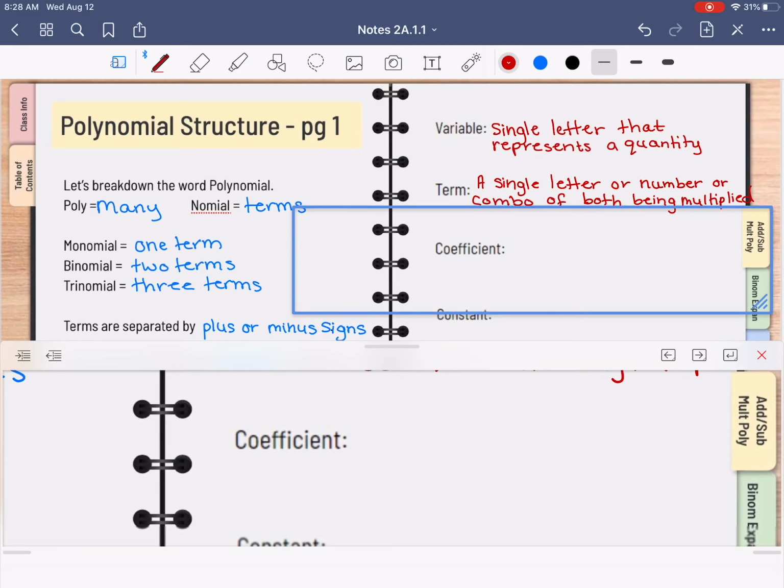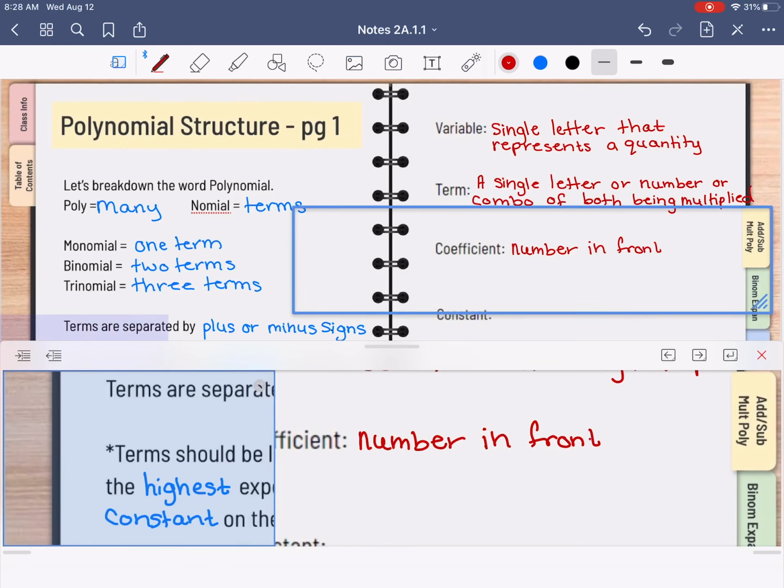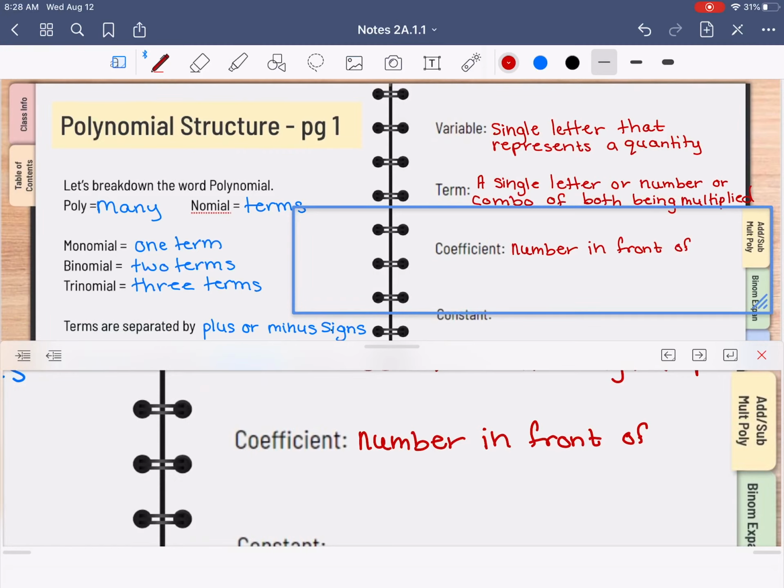All right, if you do have a number and a variable together, the coefficient is just the number in front of a variable in a term. So in 5x, the 5 would be what we call a coefficient.